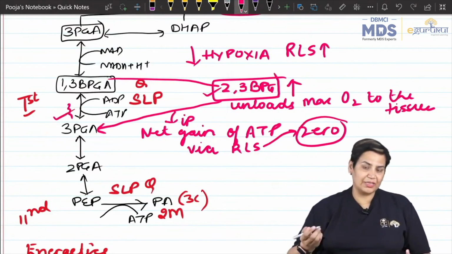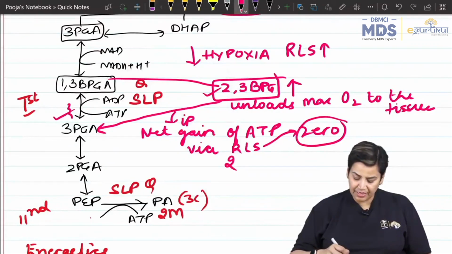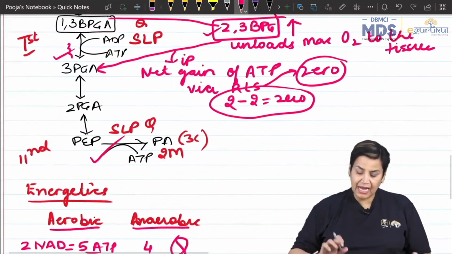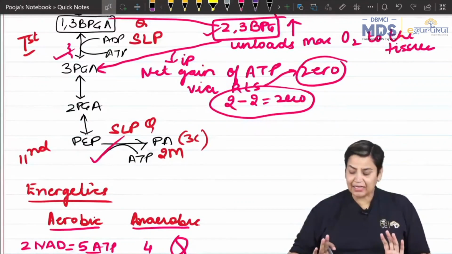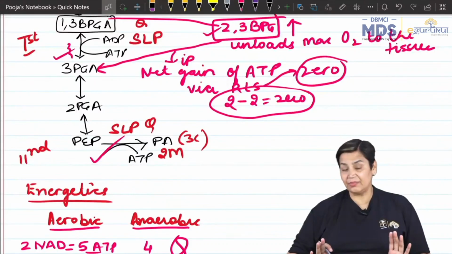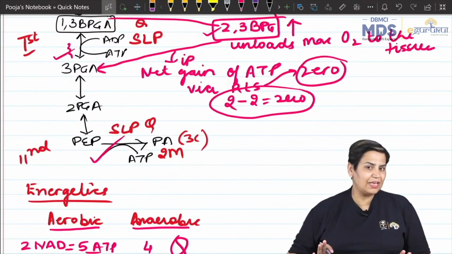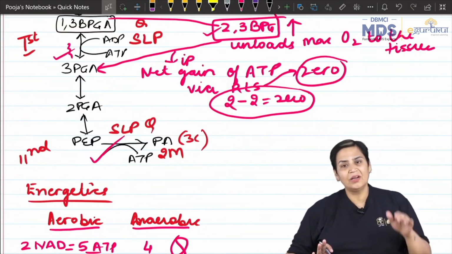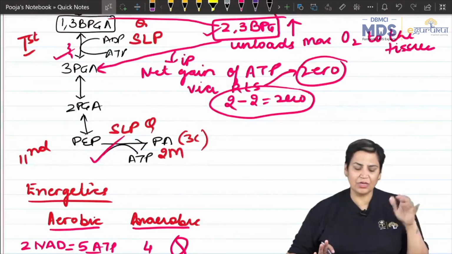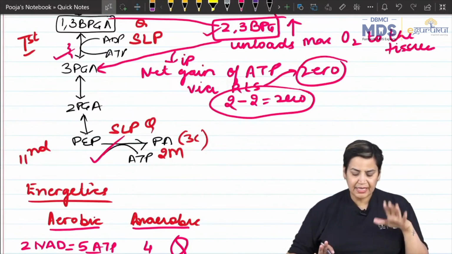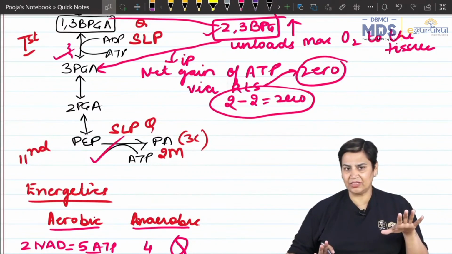Because 2 ATP are produced minus 2 ATP equals 0. So you can say that RLS does occur, but no ATP is synthesized by RLS. But why does it still occur? Because it is helpful. It plays a very important role during hypoxic conditions because it is unloading more and more oxygen to the tissues. Okay? This is glycolysis, the energetics.